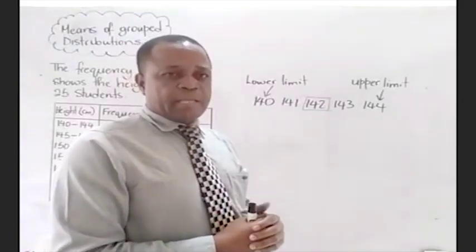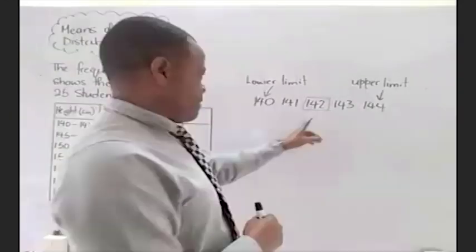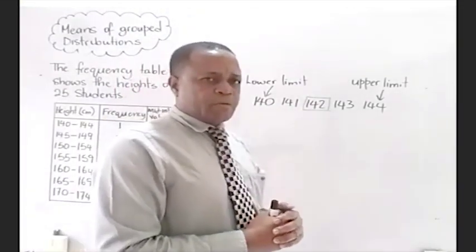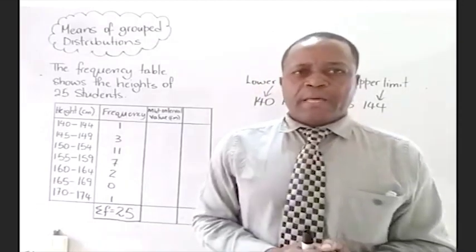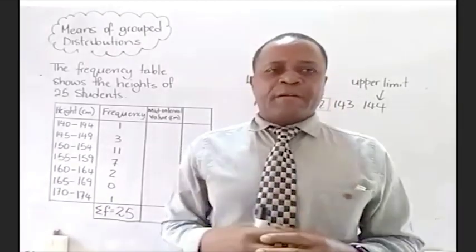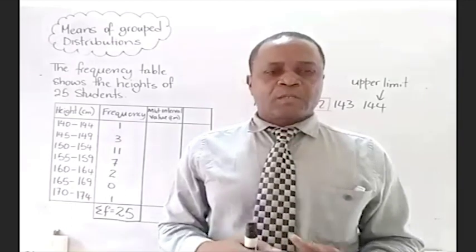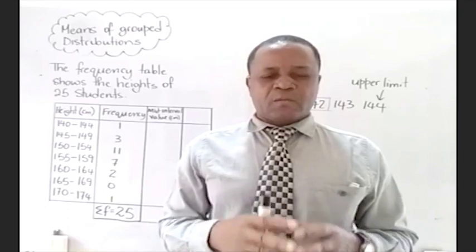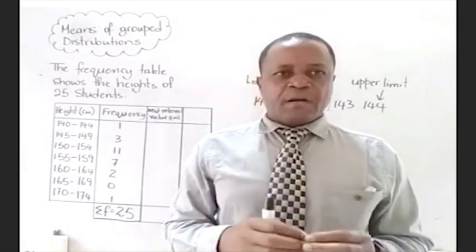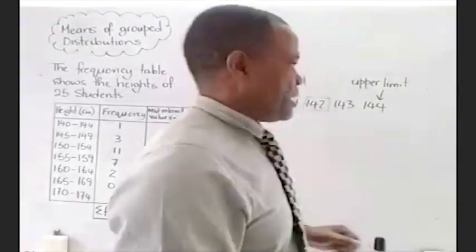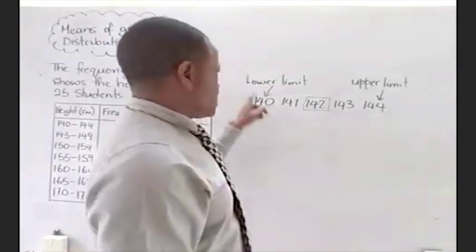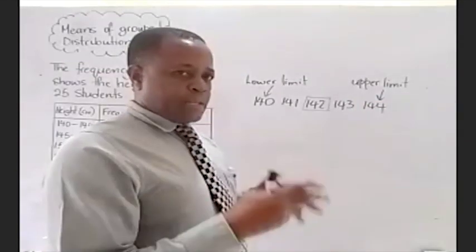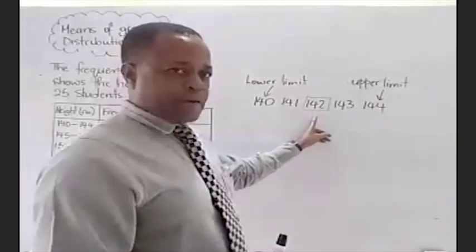But there's another way that we can also find that. To find our mid-interval value, we can also find the average of the limits. Remember I said to you that there are two limits, the lower limit and our upper limit. If we take the average of our limits, it will give us our mid-interval value.